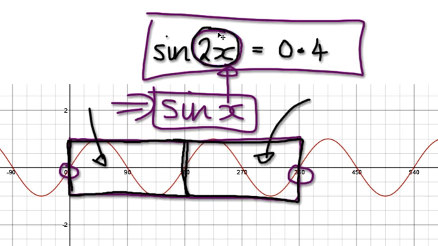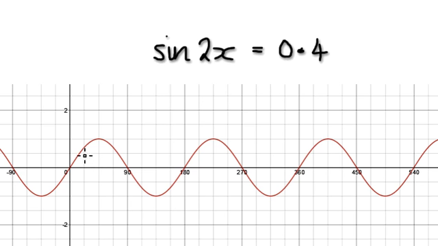So your first job is to find your first solution, and once you've got it, you can't simply add 360. Adding 360 will take you to here, and you've just missed out this point here.